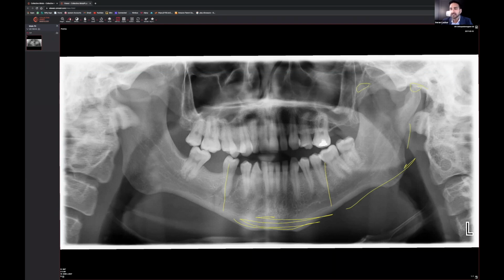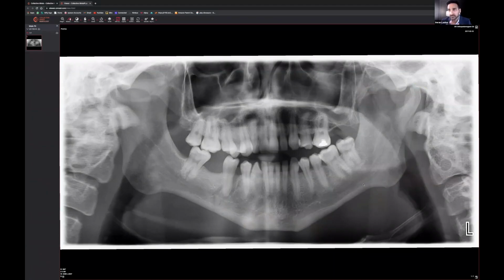These are the areas where you can get fractures. About 10% of the time you get a fracture over here, and 70% of the time you get fractures over here, and less likely in these areas over here. So it's really the angle of the mandible that gives you the most bang for your buck when looking for fractures.